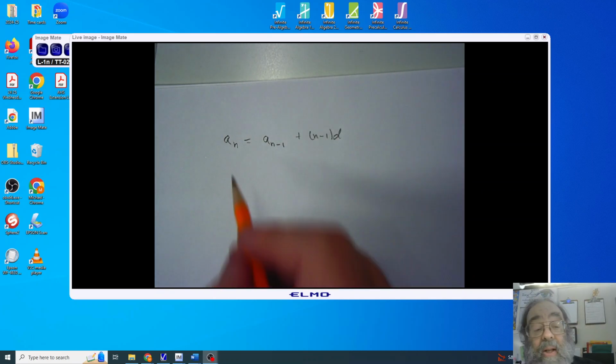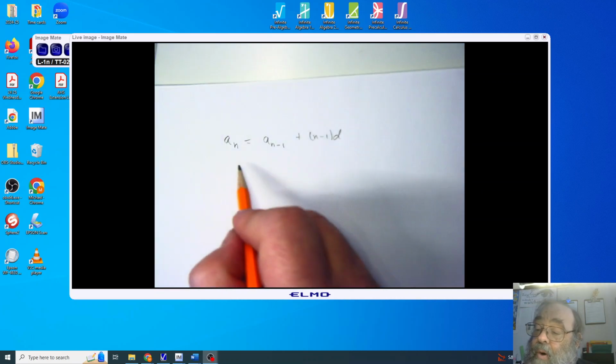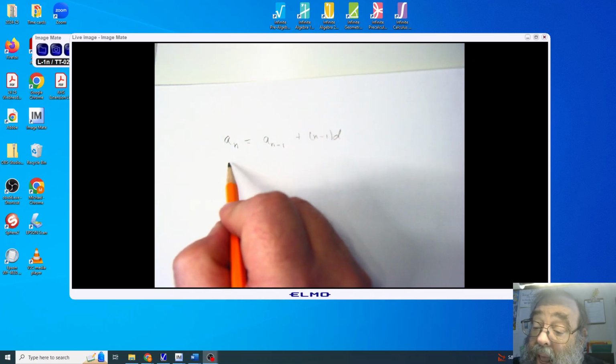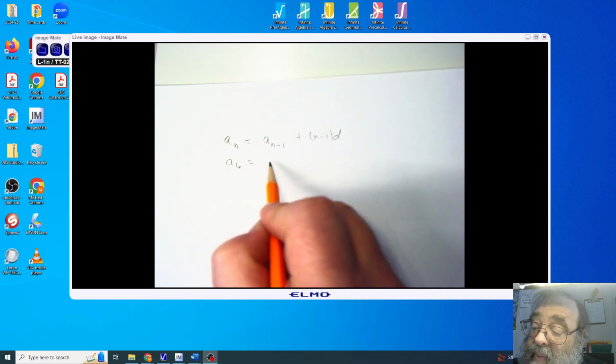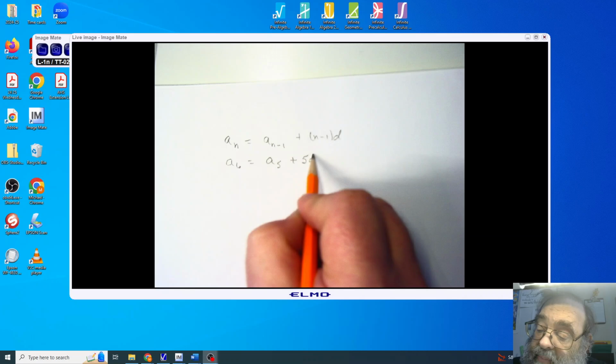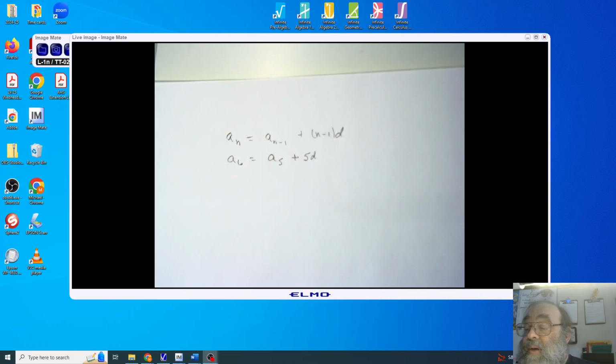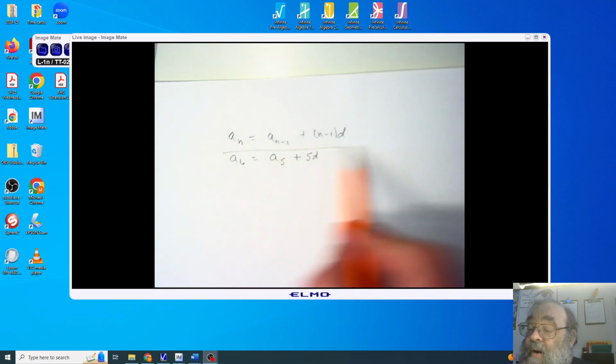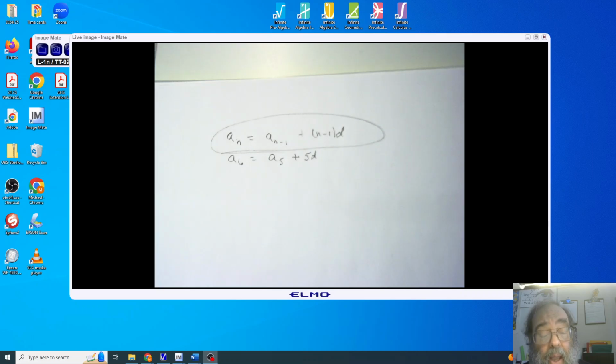This is what's ultimately being used if I were to say a sub 6 had to be made from a sub 5 plus 5 times the common difference. This allows me to create systems of equations and work in a similar fashion. So just be aware there is a second formula that we can use, and as you go through, you will see it in use occasionally.